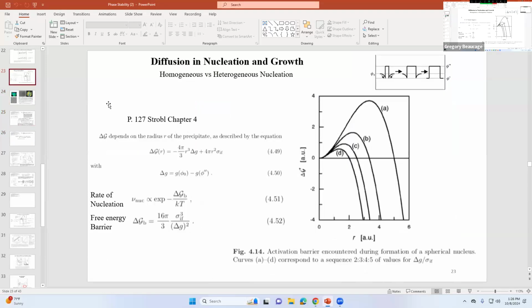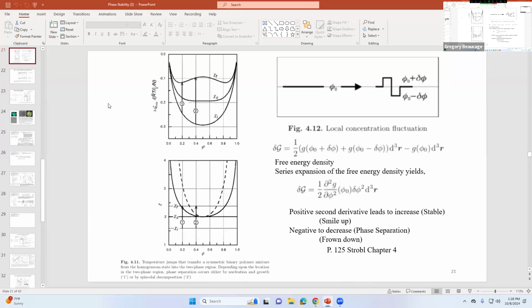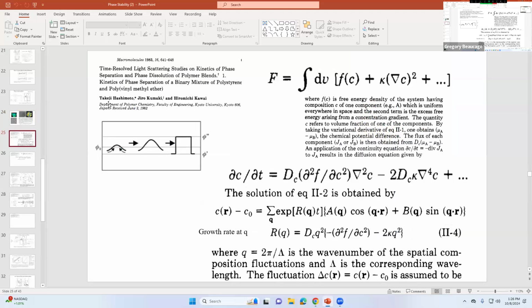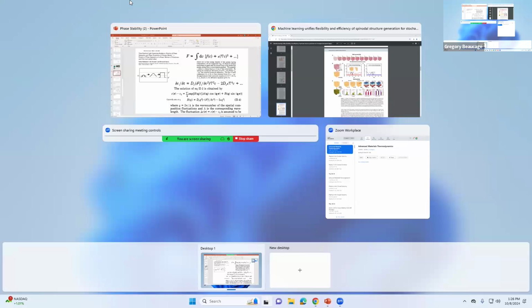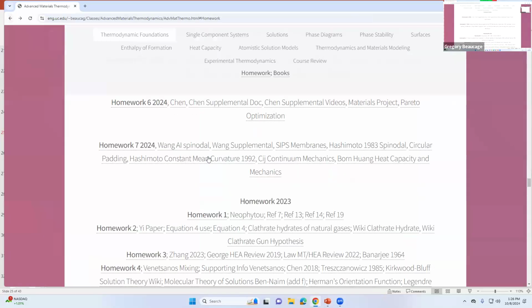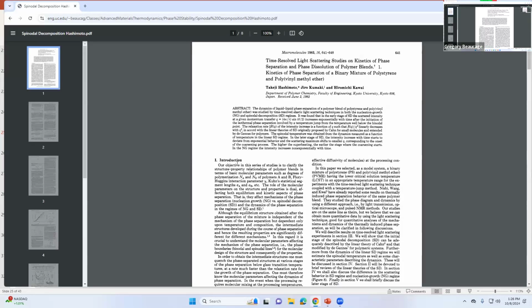Mathematically, it's kind of challenging if you look at the details, but we don't need to really look at the details. Basically, this is the Flory-Krigbaum. This is the Cahn-Hilliard equation. And then the application of it is in these papers by Hashimoto, with this Spinodal 83 paper, which kind of goes through the whole thing.